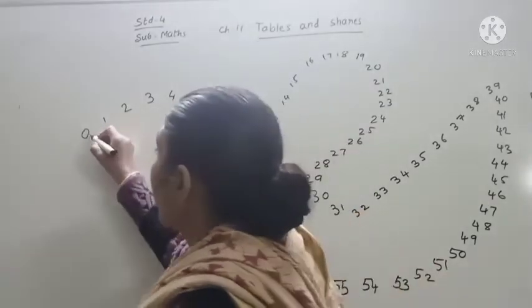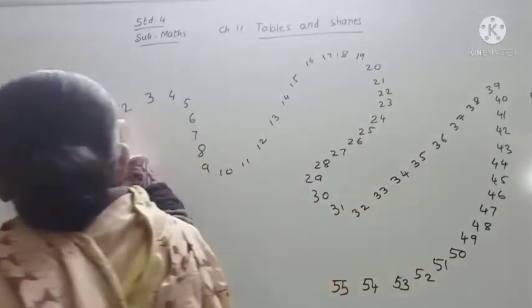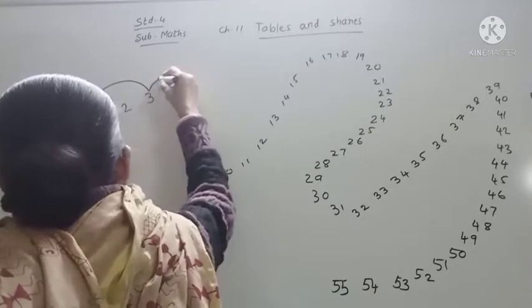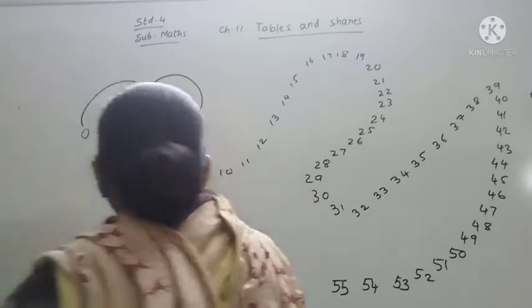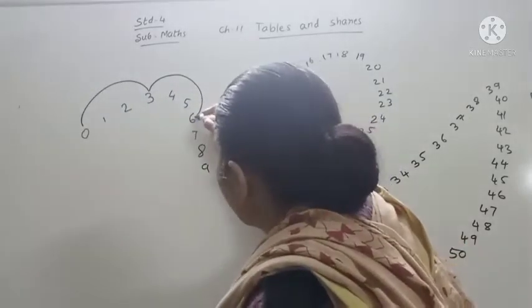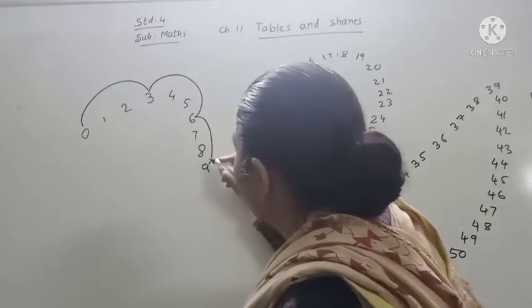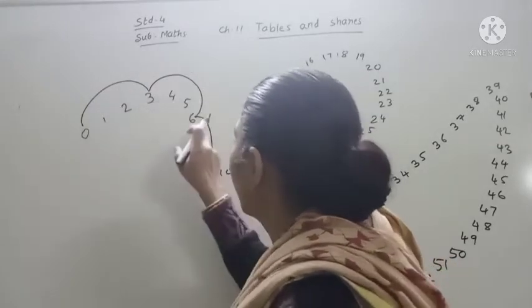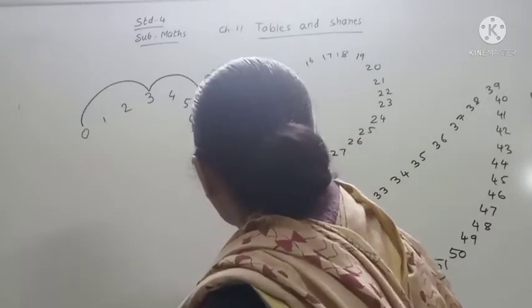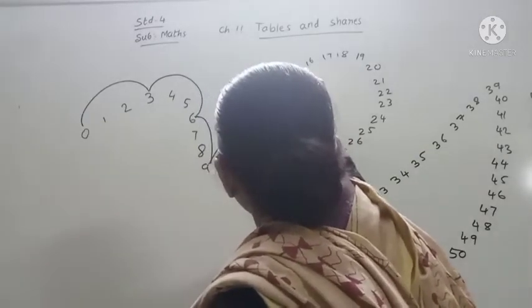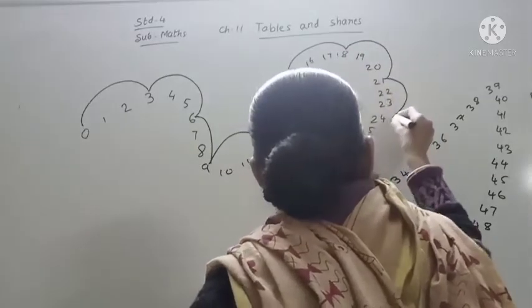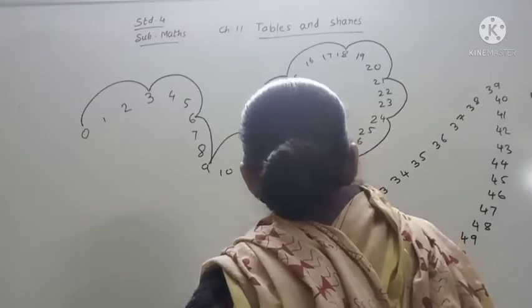So starting from 0, he takes 3. 3 plus 3, 6. 6 plus 3, 9. So how many jumps? 1, 2, 3. 9 plus 3, 12, 15, 18, 21, 24, 27.